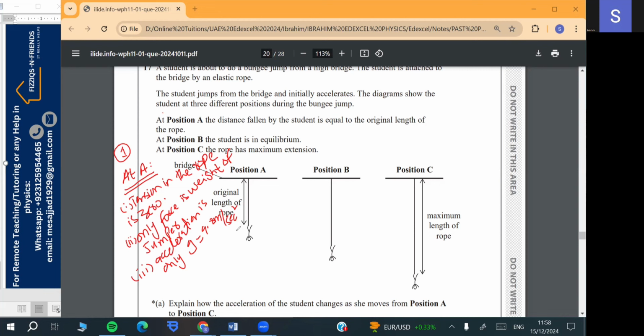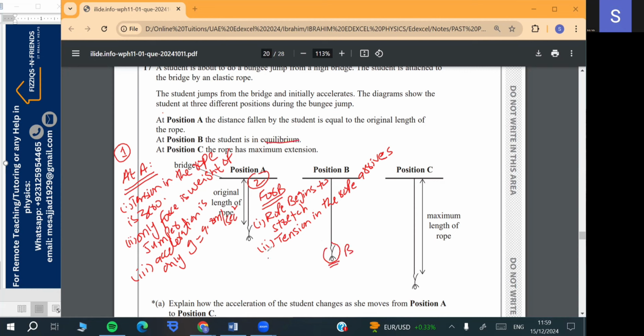Now for B. Number 2, for B, we will say that the rope begins to stretch. When the rope is beginning to stretch, it means there must be some tension being created. Tension arrives in the rope. Previously it was not there because tension was 0. So when tension arrives, what happens? At this point, they're saying it is in equilibrium.